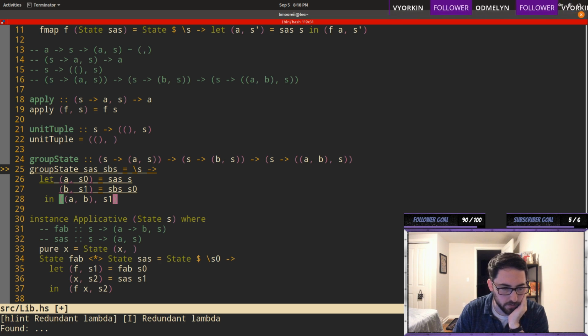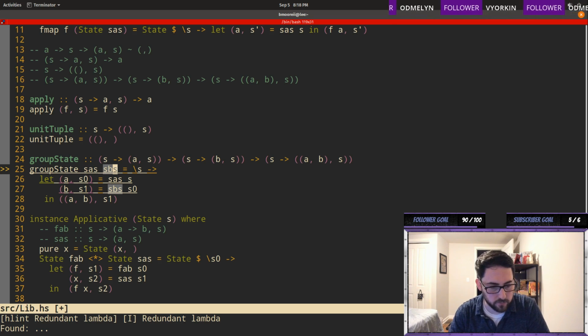Redundant lambda. How so, Haskell? How so? Well, really, how so? Applicative does not tell you the order, doesn't it? I guess not. That's actually a good point.